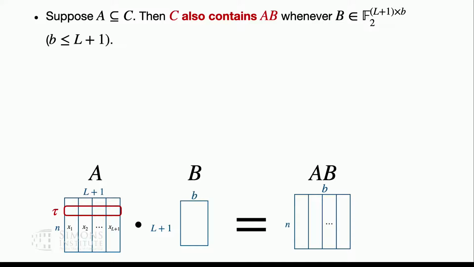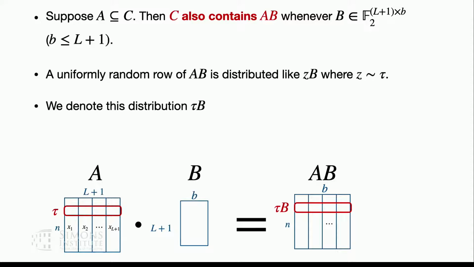Then I get a new matrix with B columns. And containing this AB is a necessary condition for containing A. So these matrices AB for given matrices B are going to be the analogs of taking subgraphs.